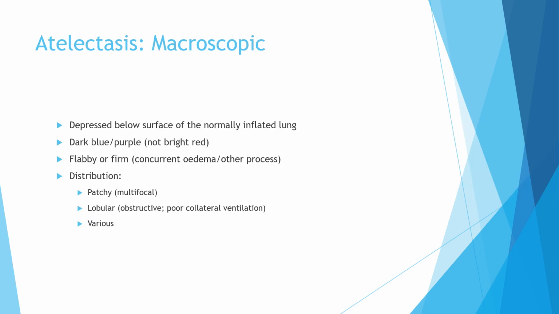Here I describe basically what atelectasis looks like microscopically. If you're asked to describe an atelectatic lesion, you should be able to go through these different steps, identifying all of them, and be able to say why you're saying the lesion is atelectasis.